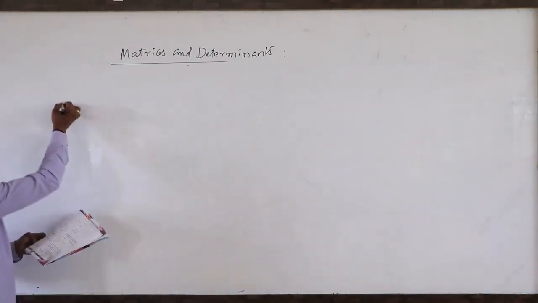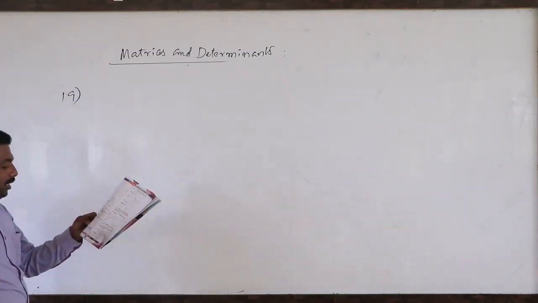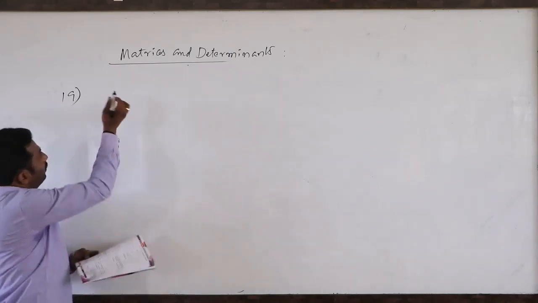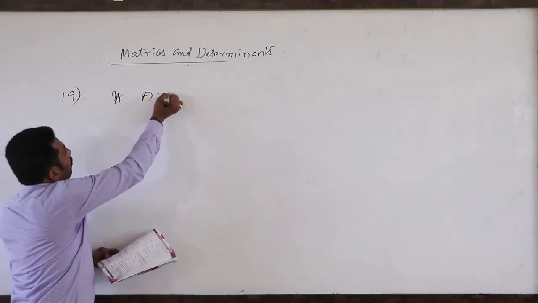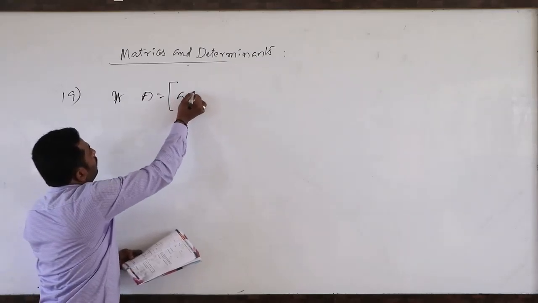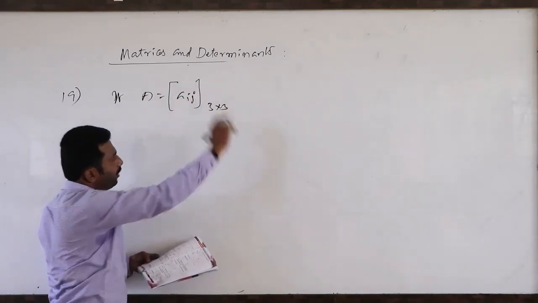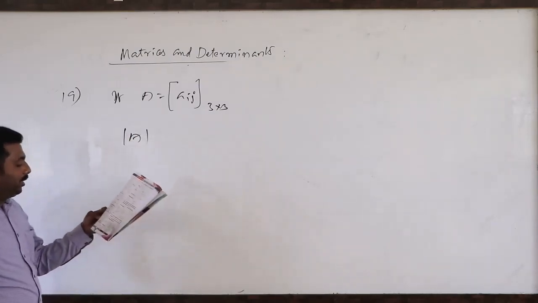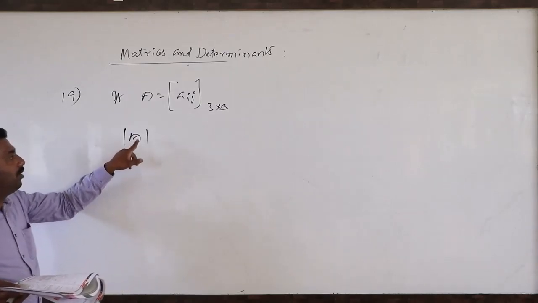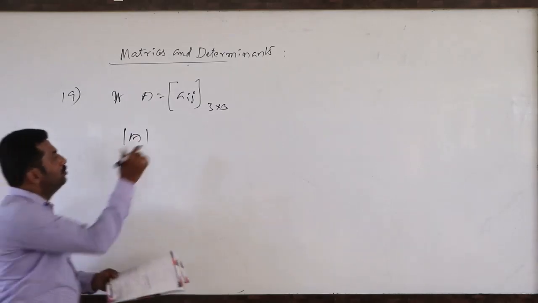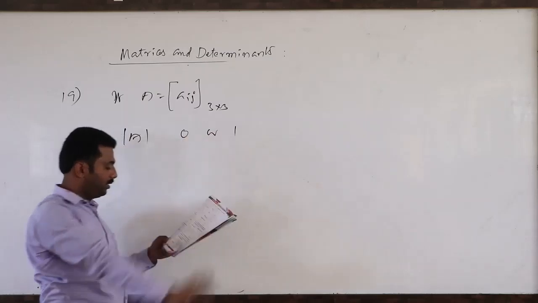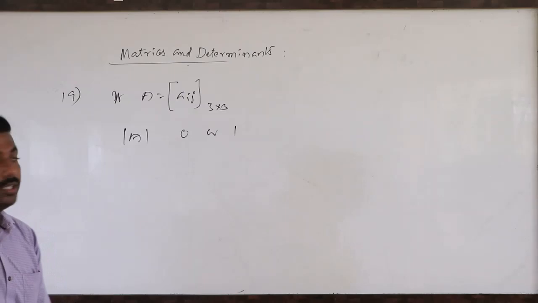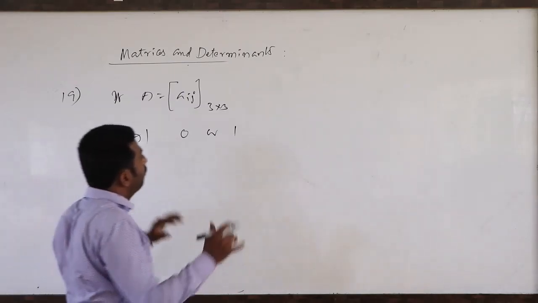So what they are asking, we will see once. If the entries of a 3 by 3 matrix determinant are either 0 or 1, suppose A equal to the matrix Aij of order 3 by 3, whose entries are 0 or 1, then the greatest value of the determinant is asked.